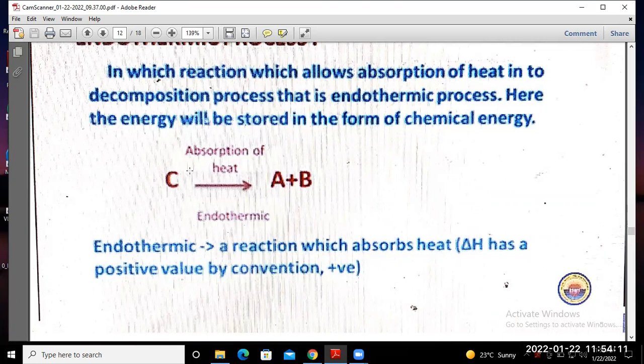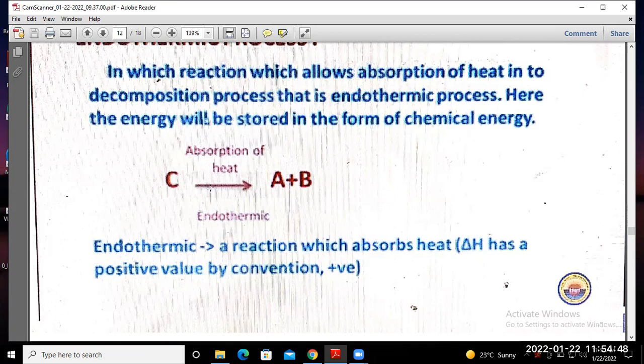Supposing one particle absorbs heat and breaks into two or more particles, that is known as the endothermic process.